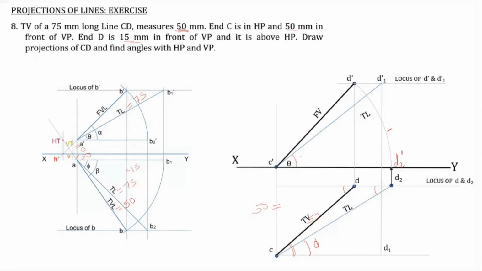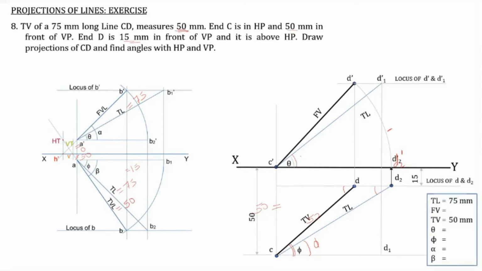So theta, then here is phi, and finally you have to mark the dimensions also, 50, 15, then the true length, top view length, etc., that also you have to mark. So can you say the values so that others also can confirm, that is verify whether their values are the same or not?